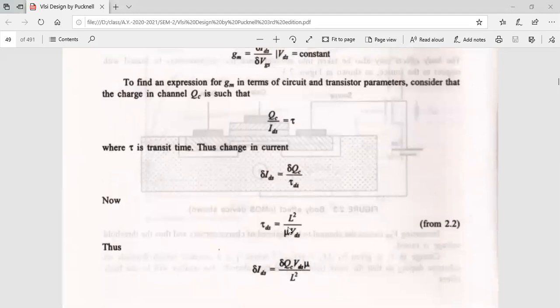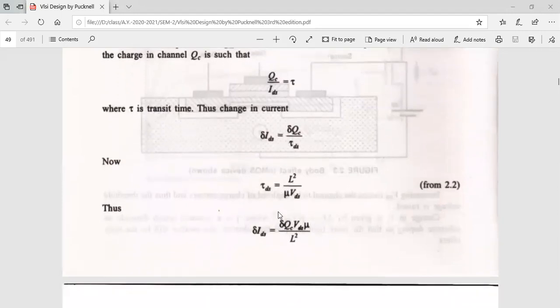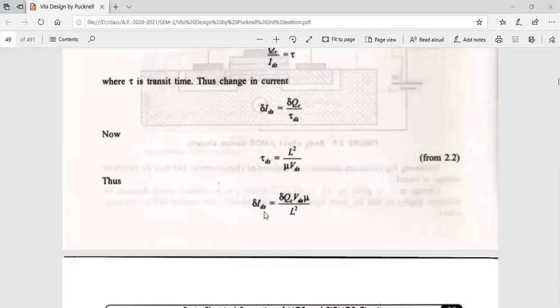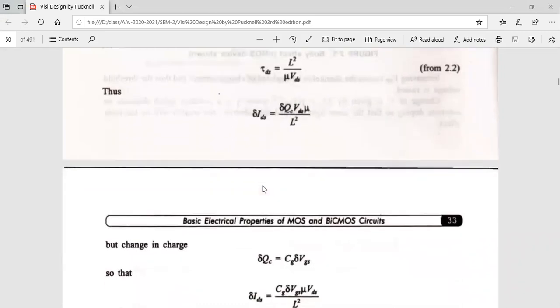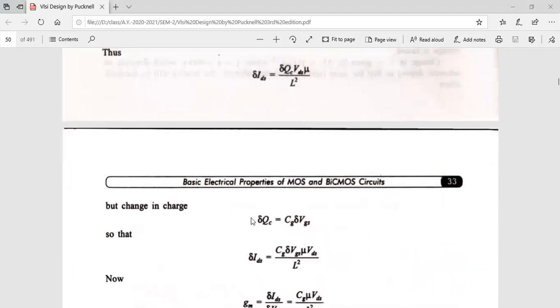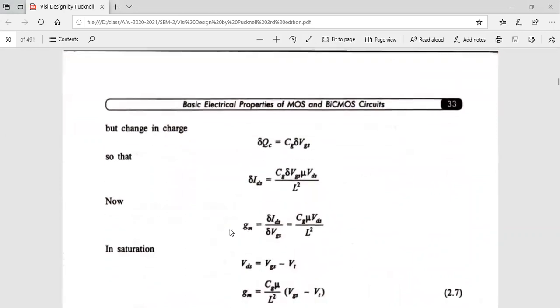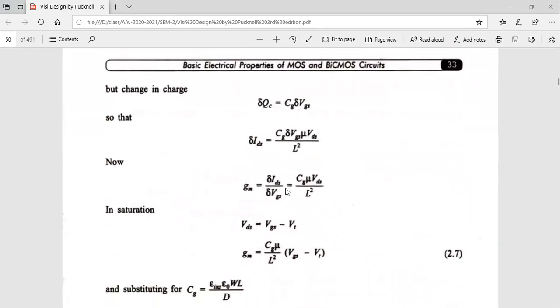Tau DS becomes L square by mu into VDS, and you can write the delta IDS, the change in the current between the drain and the source. See, we are writing the value of change in the charge in terms of gate capacitance and the change in the gate to source voltage.